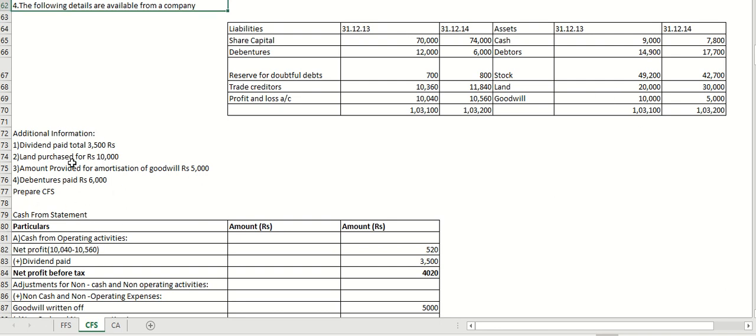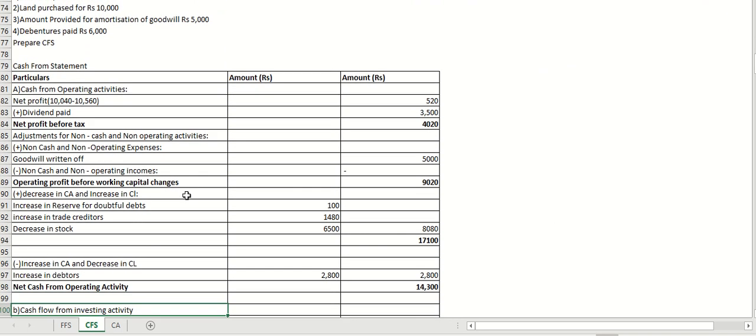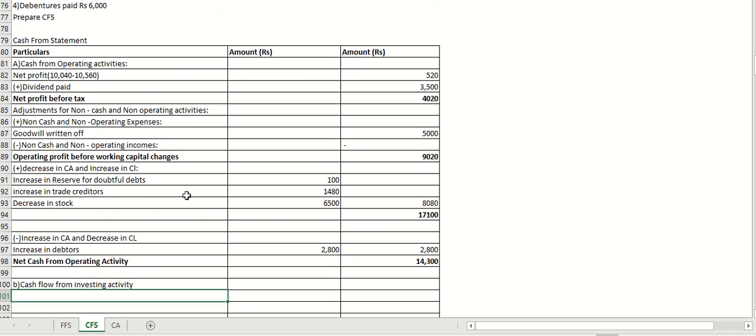Even if they don't give in the adjustment, also by looking at this itself we get to know that if it's an increase, it's a purchase. So if it's a purchase, you will minus it. So minus land purchased. So you get the amount to be 10,000, which is a negative figure because it is in minus.